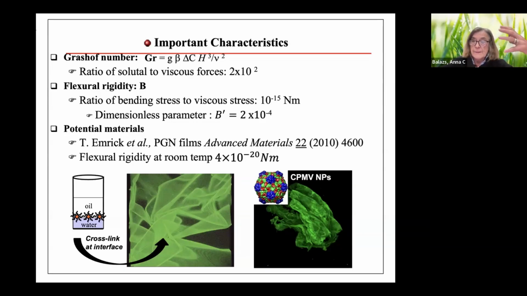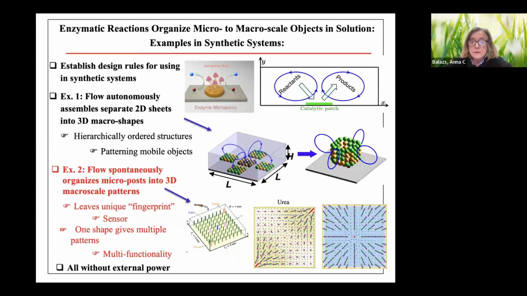And we did that. And lo and behold, Todd Emrick can make materials that would satisfy that criteria. You can connect functionalized objects at an oil-water interface and then polymerize them. And also he's done that with cowpea mosaic virus. So materials exist to actualize this.